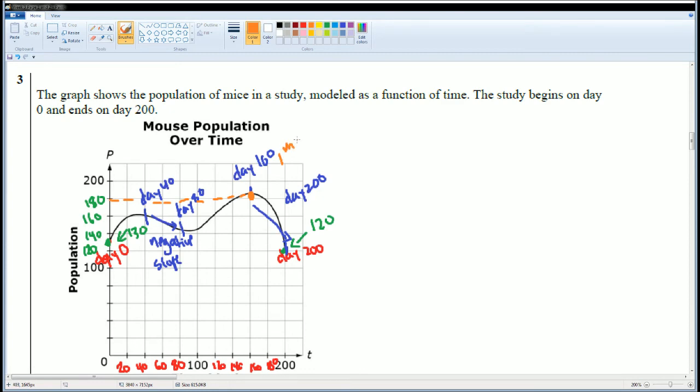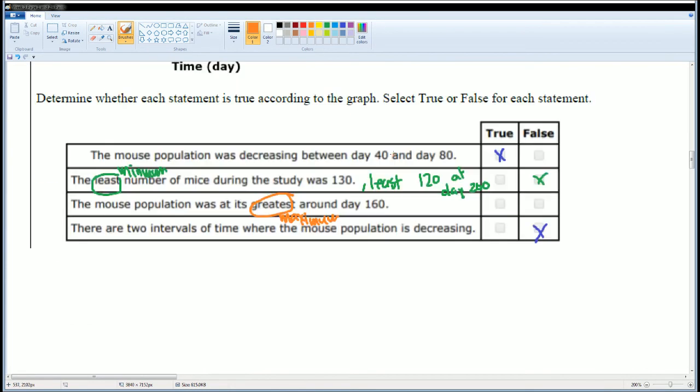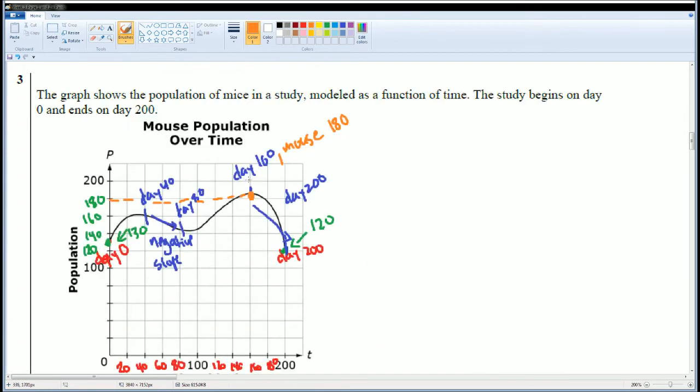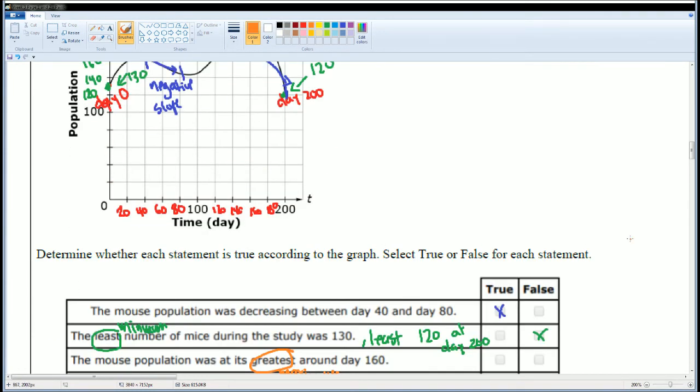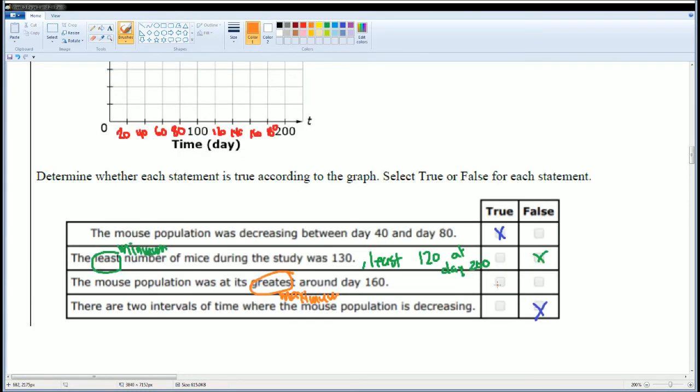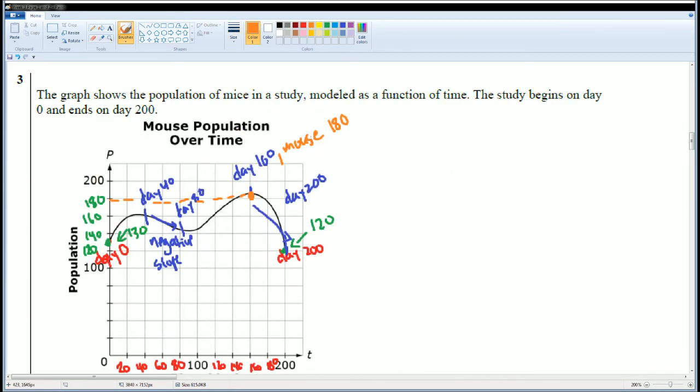Its mouse population is 180. So is that correct? The mouse population is greatest at day 160. Yes, that is actually correct. At day 160, it does have the greatest amount, with the mouse population being 180.